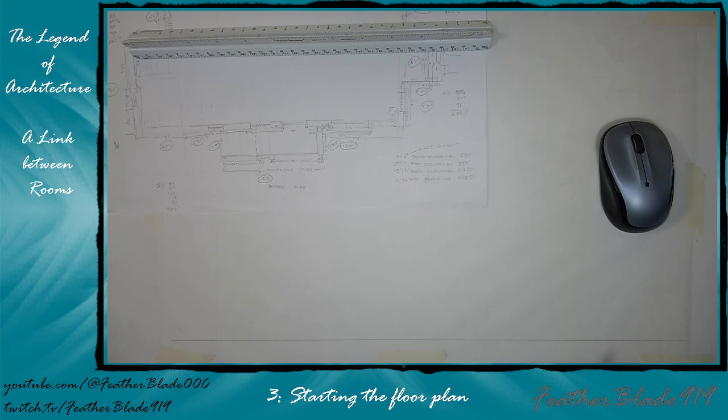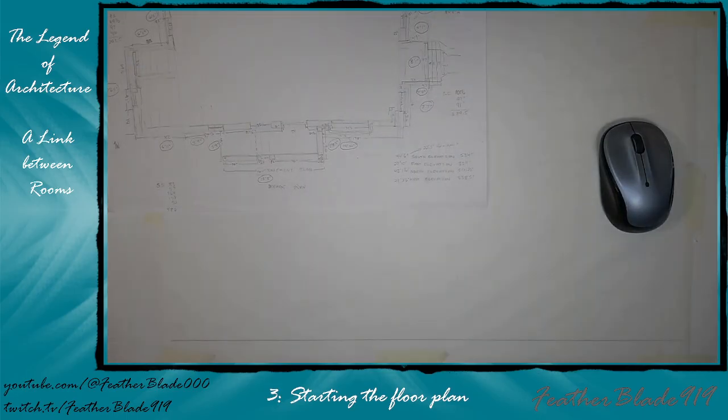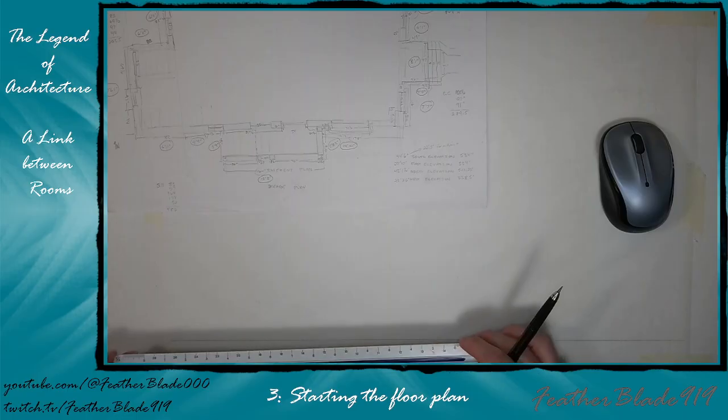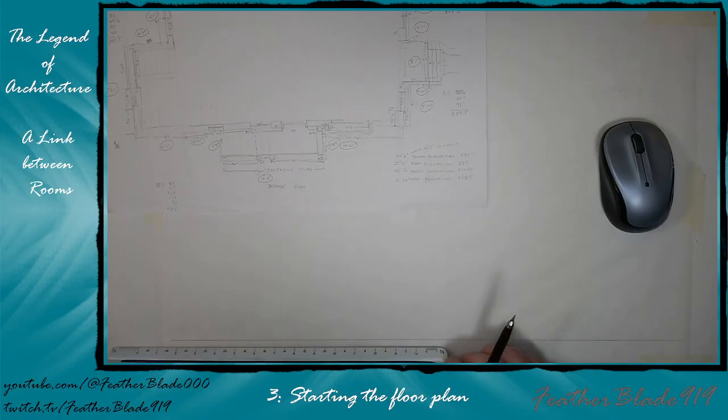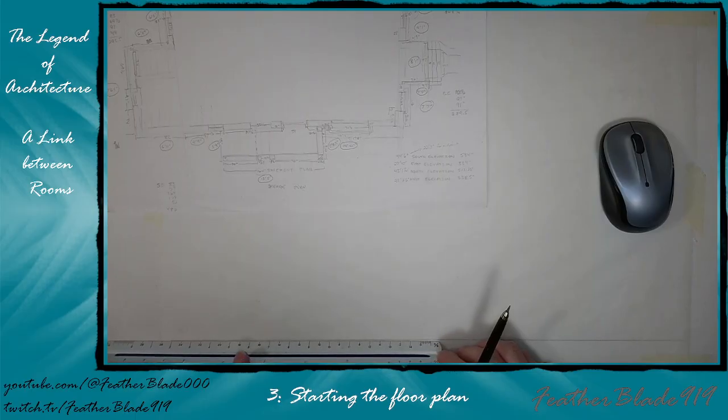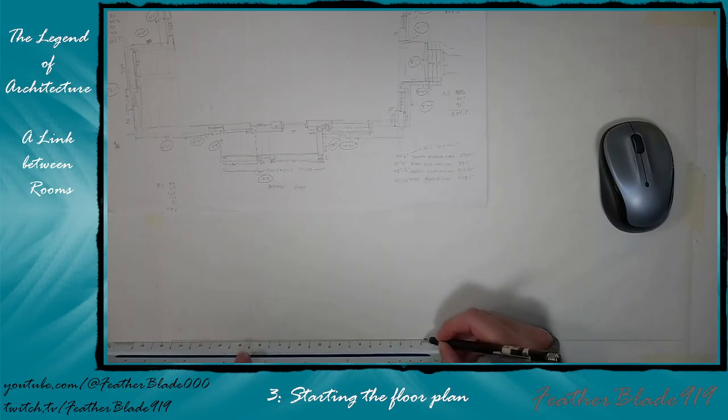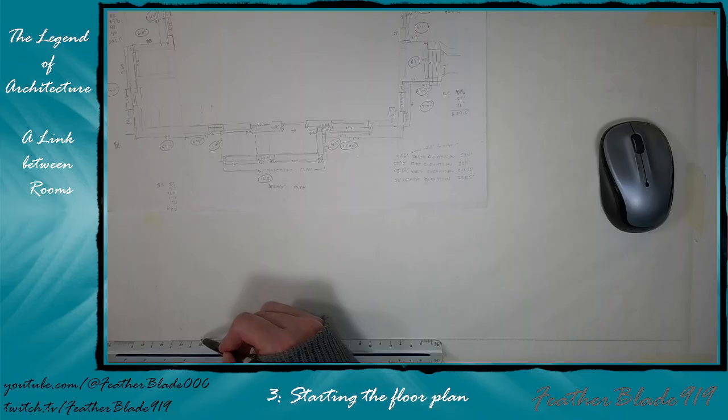Since this corner is the square one, we have to find the corner first. This face is 44 feet and 6 inches long. Half of that is 22 feet and 3 inches. So, if we just find something, let's put that mark at the 3 inch mark, then go out here to 22.